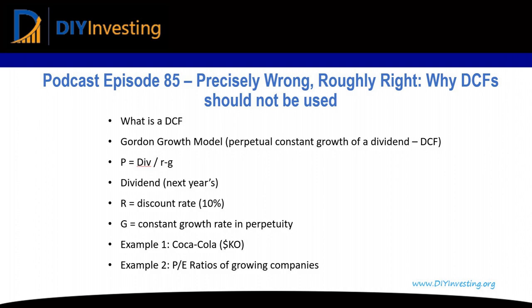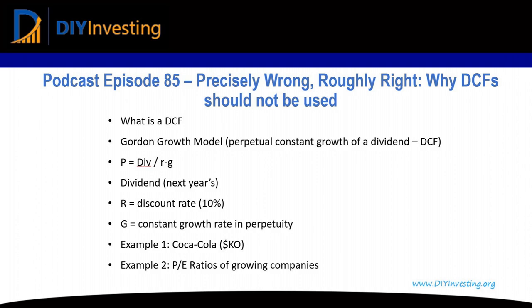If you think Coca-Cola can achieve a 6.5% growth rate in perpetuity, then they're fairly valued today. If you think they can grow dividends faster than 6.5%, then they might be undervalued. But the point here is that you need to come up with a range. My range of estimates where I think Coca-Cola ends up is 3 to 5%. I'm trying to make those things conservative.